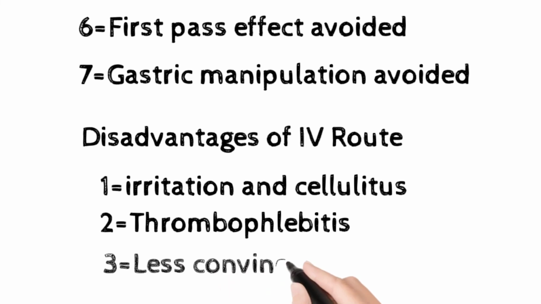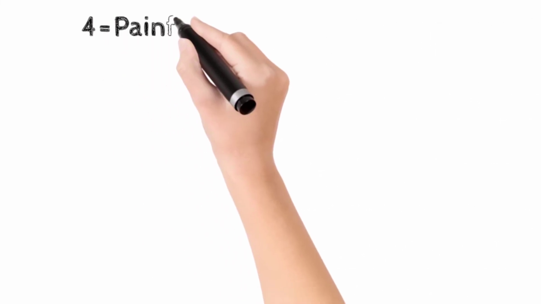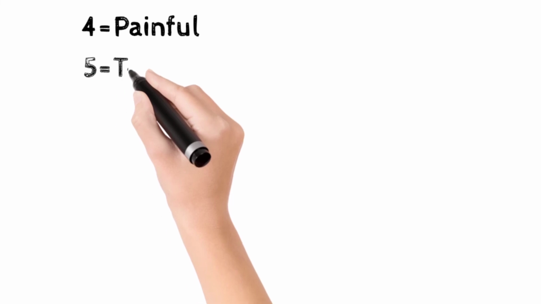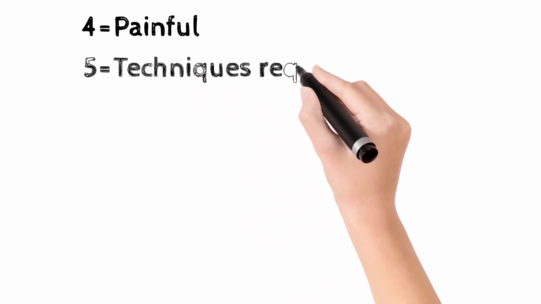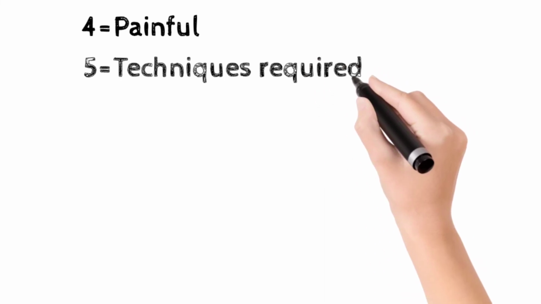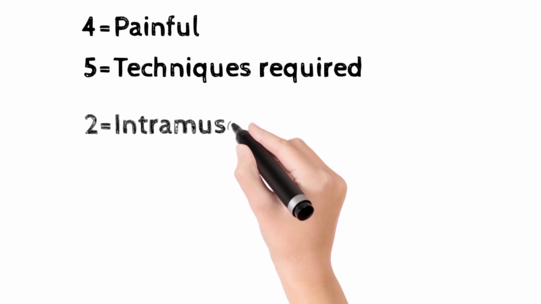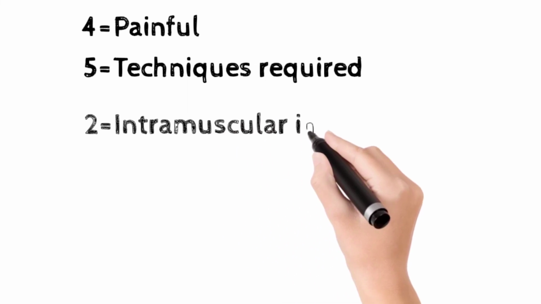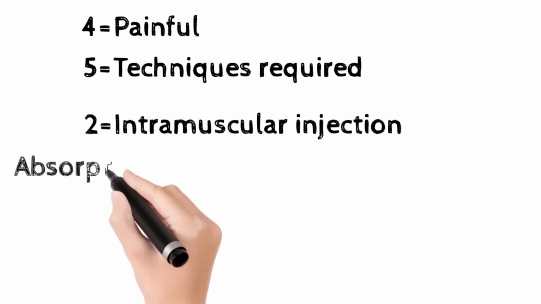The third, it is less convenient. It is not an easy route. Number 4 is that it is painful because the patient feels pain. Number 5, technique is required. Everyone cannot give an IV injection. It requires technical skill.